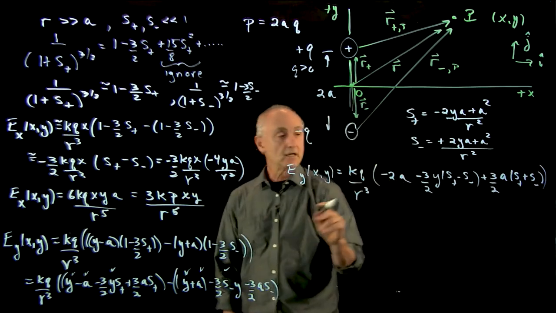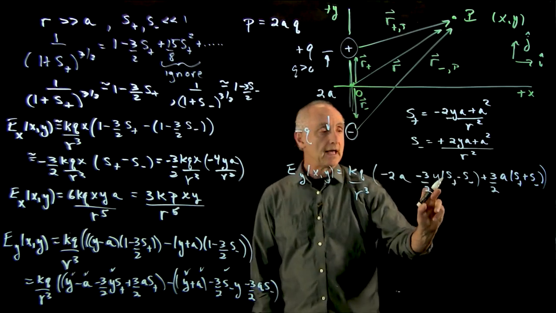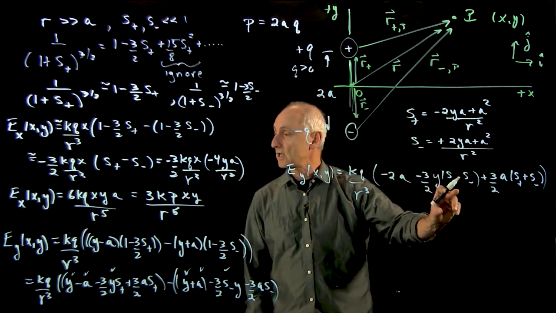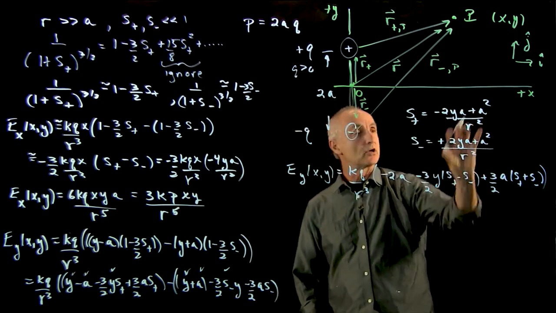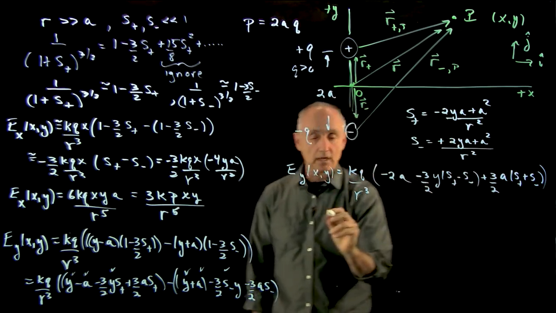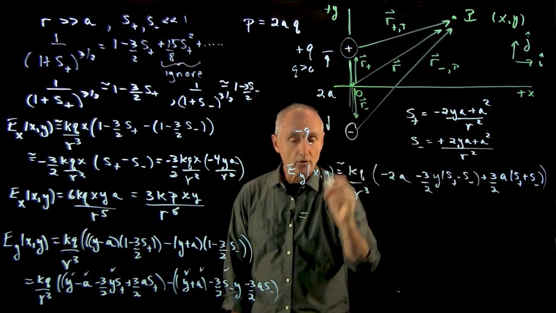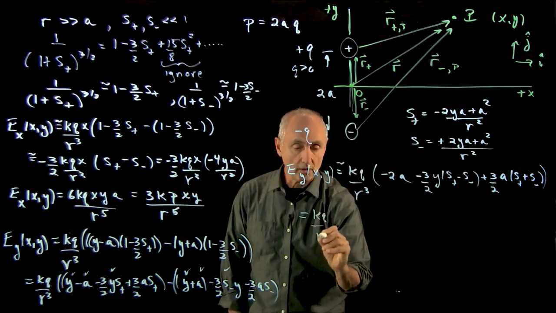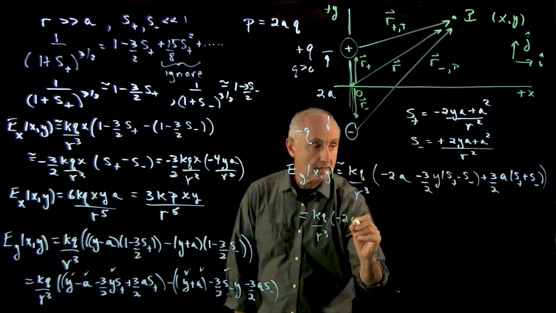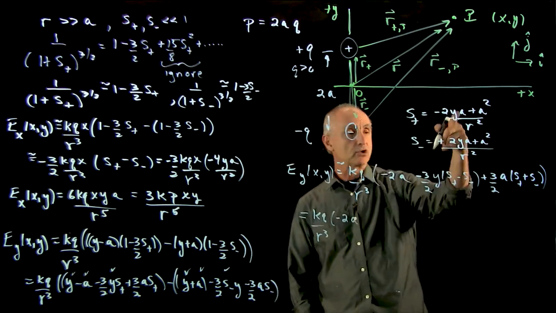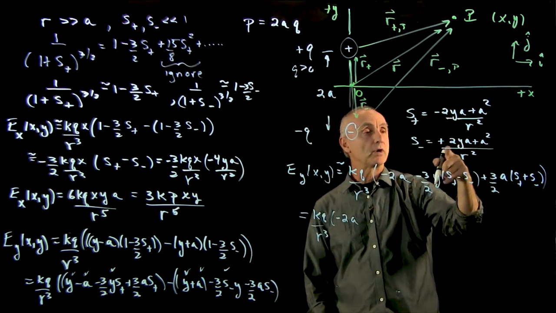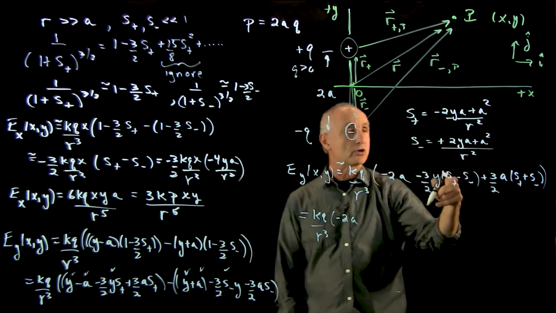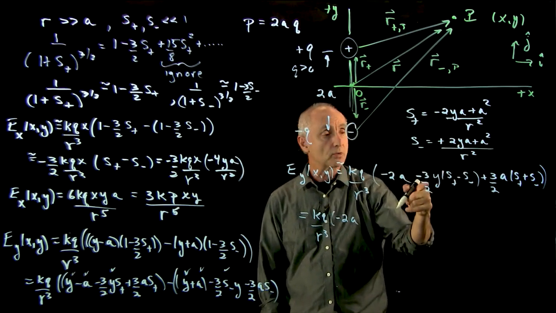We've already seen that our s plus and s minus terms, we have to now subtract these and add them. And so we get kq over r cubed times minus 2a. Now, when we subtracted those, there's a minus 2y over r squared minus minus 2y over r squared. That's a minus 4y over r squared.